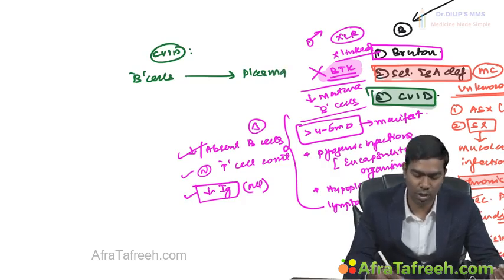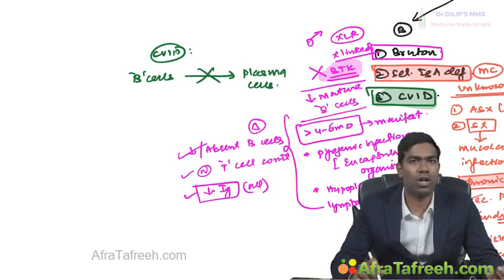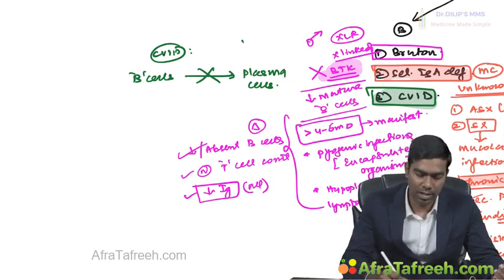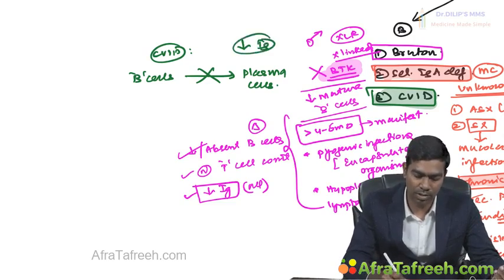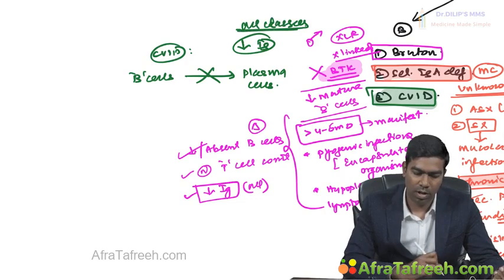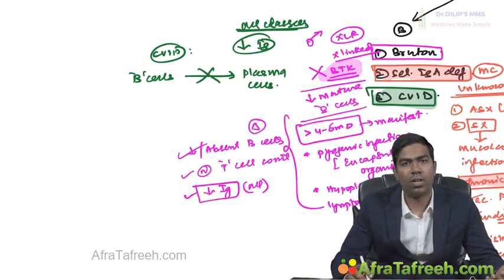That's why B cells are born. This is not happening. So, the B cells cannot get converted to plasma cells. The final result will be reduced immunoglobulins of all classes. That is what we call common variable immunodeficiency.